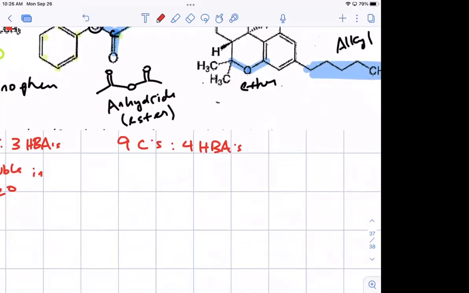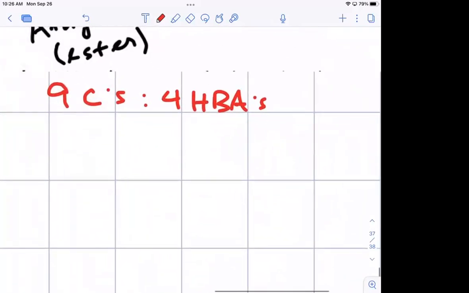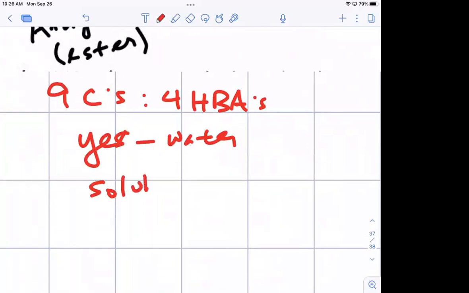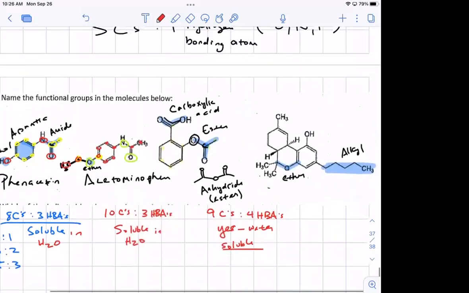The reason I'm asking is that when I teach this part, there's always confusion if it doesn't match the ratio identically. If it's not identically 5 to 1 or 10 to 2, but you have fewer carbons than hydrogen bonding atoms, it's guaranteed that this will be soluble in water. So it is soluble in water.